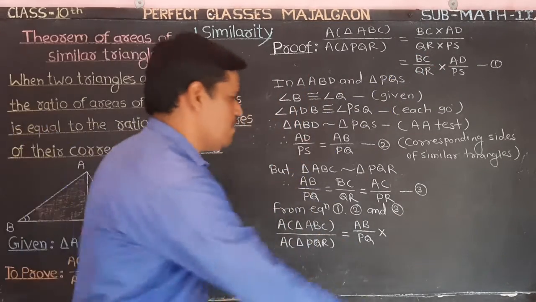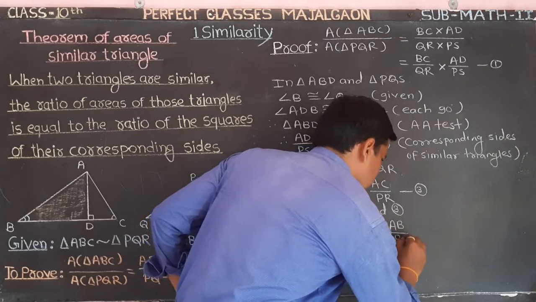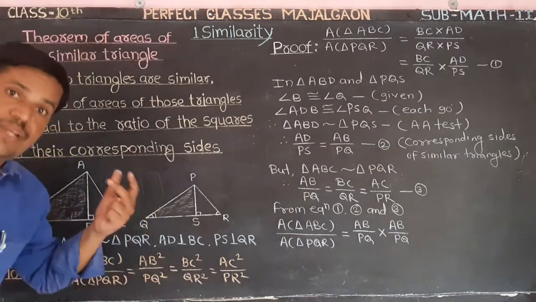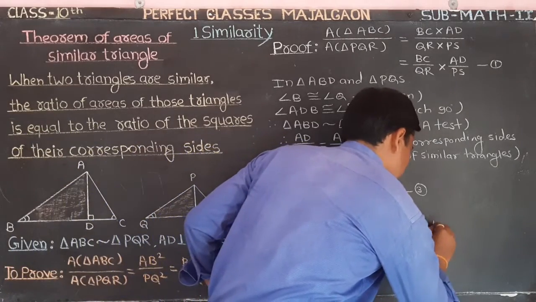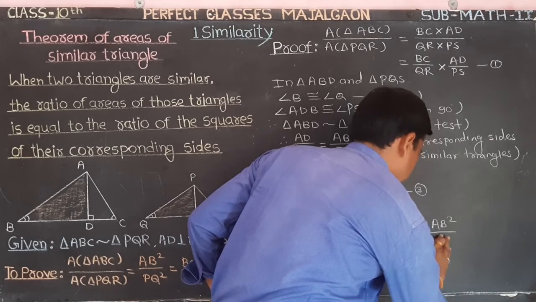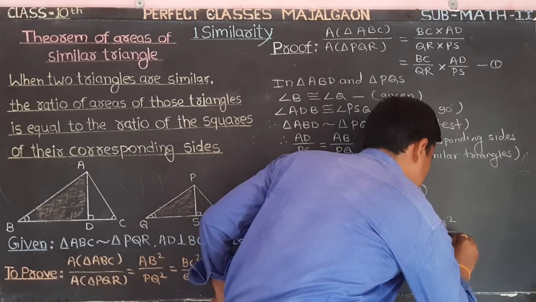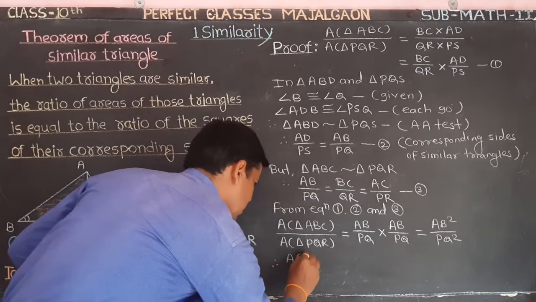We will replace it with AB upon PQ. Here we write the reason: from equations 1, 2 and 3. What is the product of these two? Here AB into AB, square, and PQ into PQ, square.